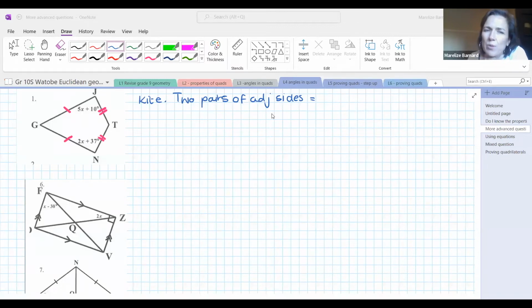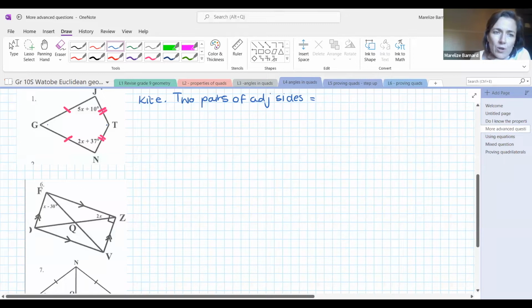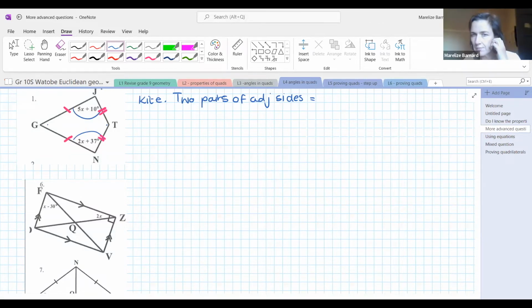That's one way, but we don't have enough information to use that way with the 360 degrees. We're missing angle T and angle G. We only have J and N. How are we going to solve for this, grade 10s? Put it in the chat or raise your hand if you know.